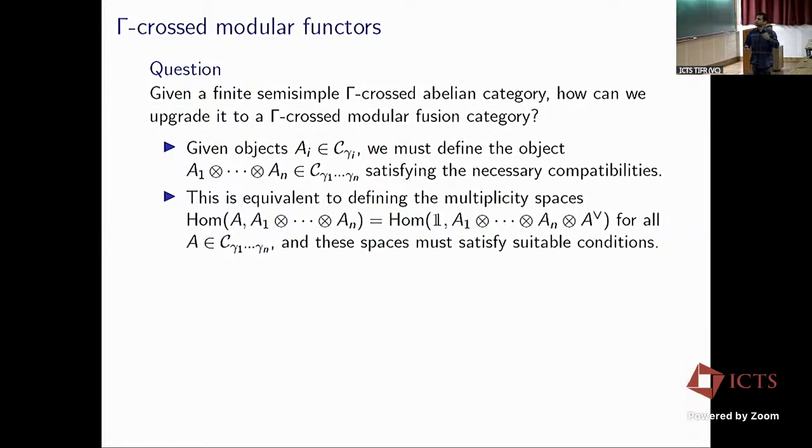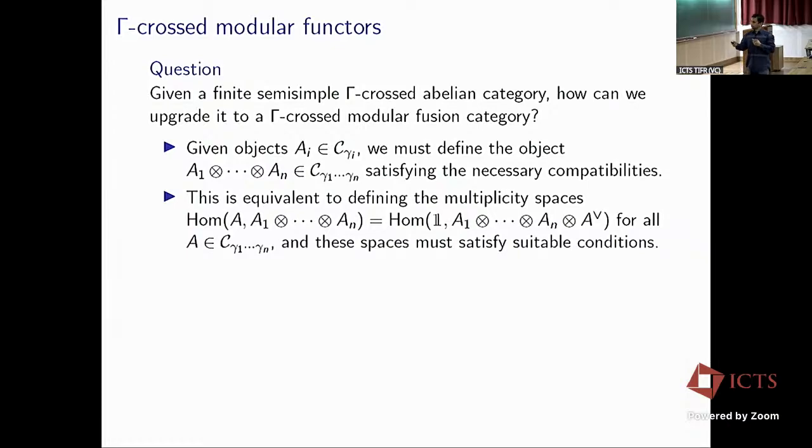But now we also want our category to have a duality. If the category did have duality, then this Hom space would be identified with this space. Remember, for an object A, the dual lies in the inverse grade. So this lies in gamma_1 grade, this lies in gamma_n grade, and this lies in gamma_n inverse, and so on, so that if you multiply all these grades, you get 1.